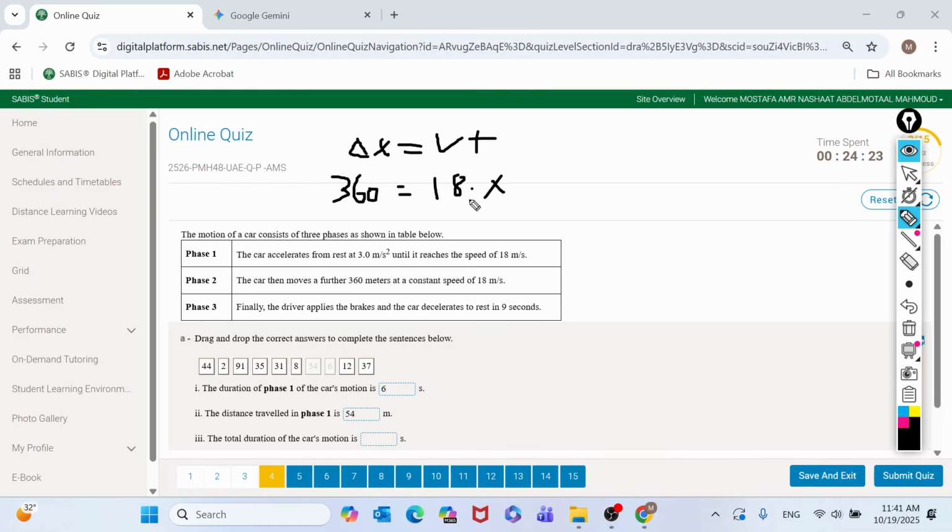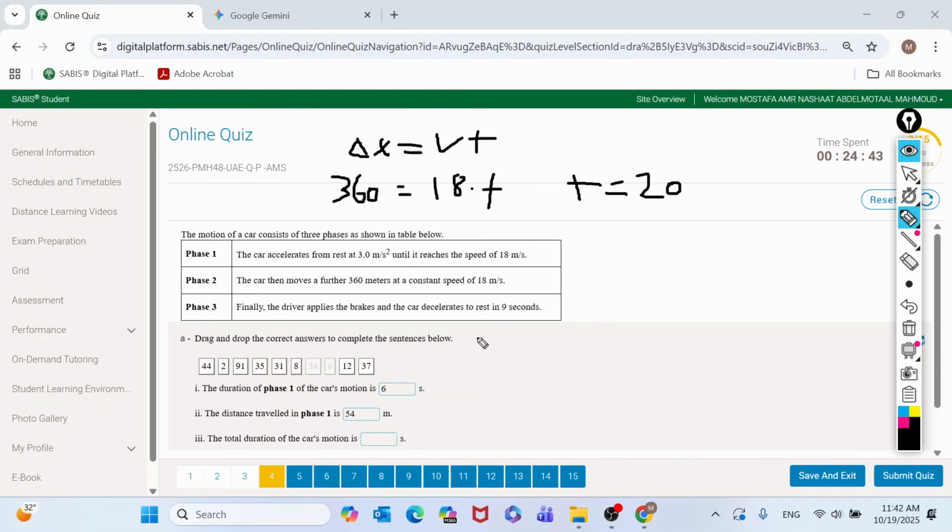Let me do it on my calculator. So t is 20.